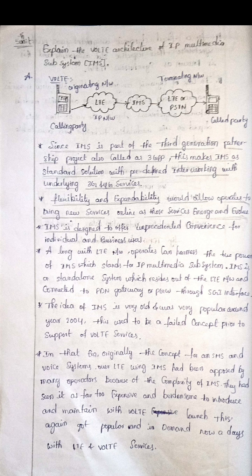Originally the concept of SMS and voice systems over LTE IMS was opposed by many operators as expensive and burdensome to introduce and maintain with VoLTE launch. This again became popular and in demand nowadays with LTE and VoLTE service.